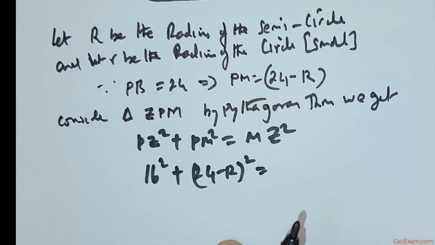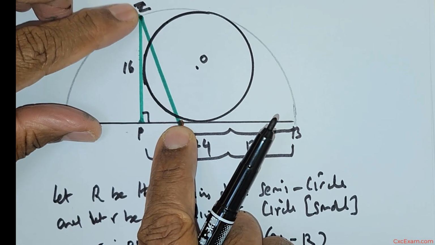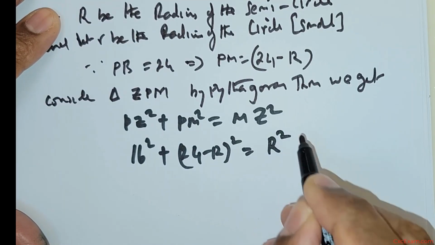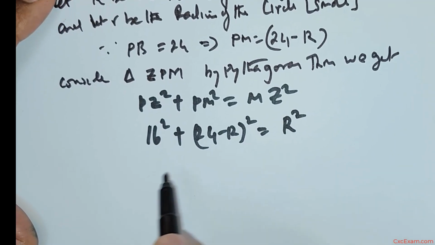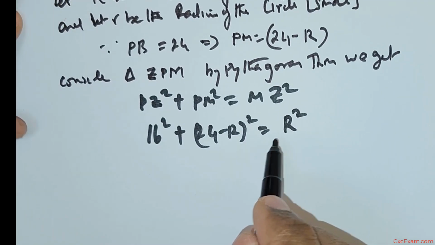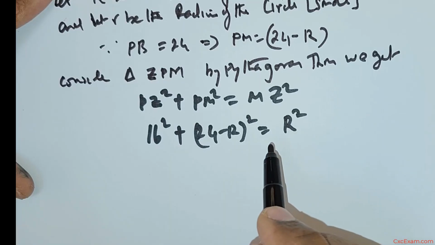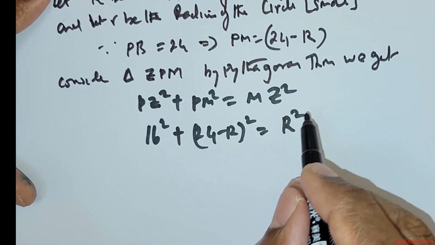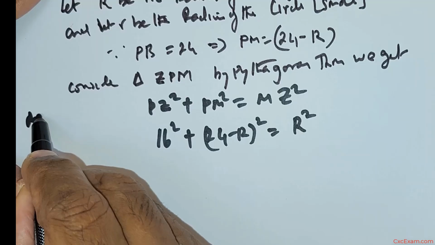Now MZ is actually the radius of the semicircle, right? So you can substitute R squared there, and in doing so we can actually perform the simplification and find R. So let me write the objective.